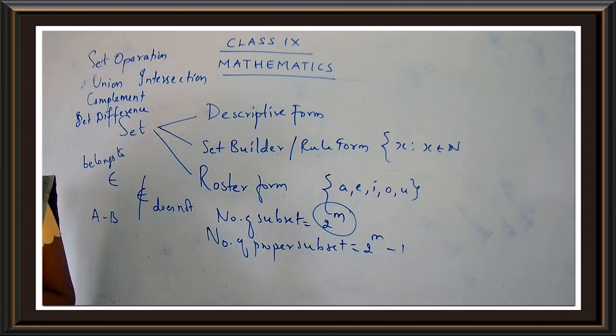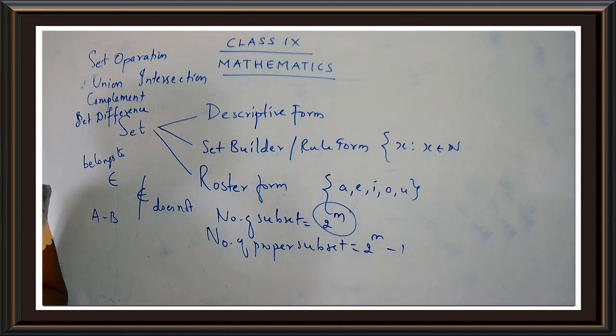Yes, children? Yes. And in exercise 1.5, we have again seen some of the properties, like we are just again applying some of the properties which is based on De Morgan's law for set difference, De Morgan's law for complementation, and also the distributive property. So we learned the property.